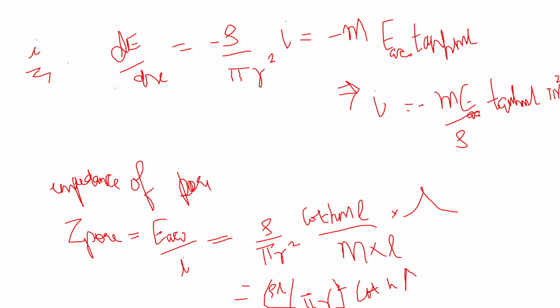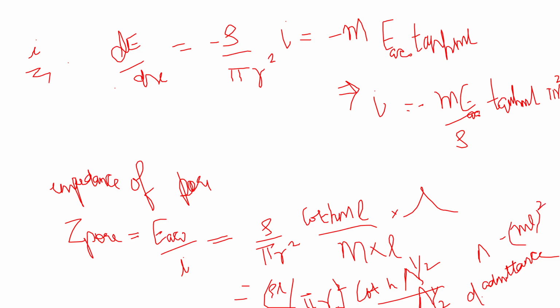I'm just introducing a dimensionless constant and writing it raised to 1 by 2, and this raised to 1 by 2. This is nothing but a dimensionless admittance, which has the value ML square.